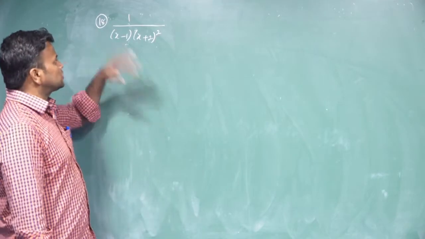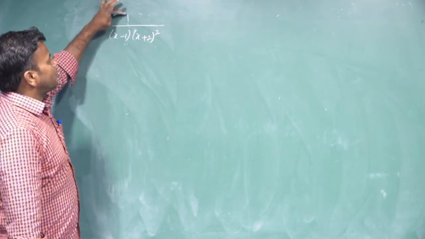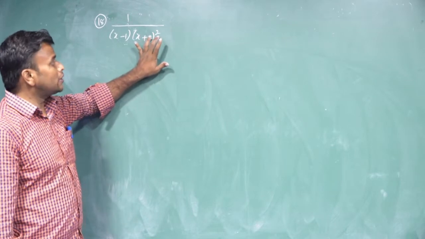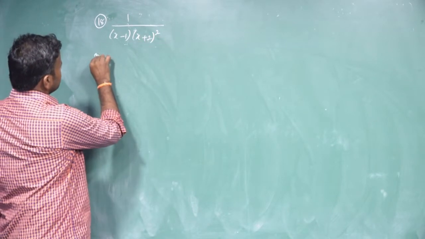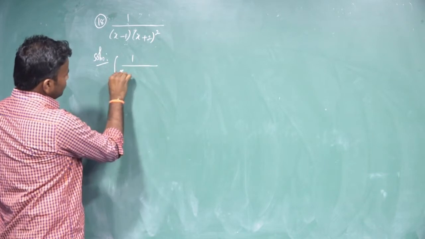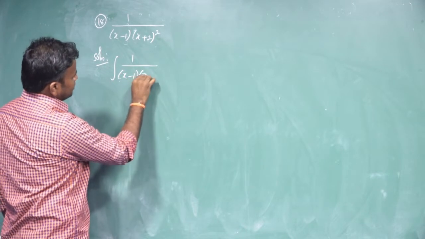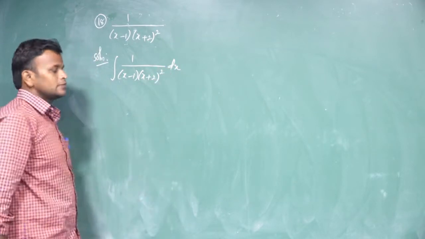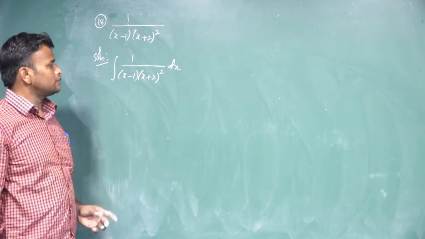Now we move to the next one. We integrate 1 divided by x minus 1 into x plus 2 the whole square dx. You see, I repeat a factor. Now integrate the term.